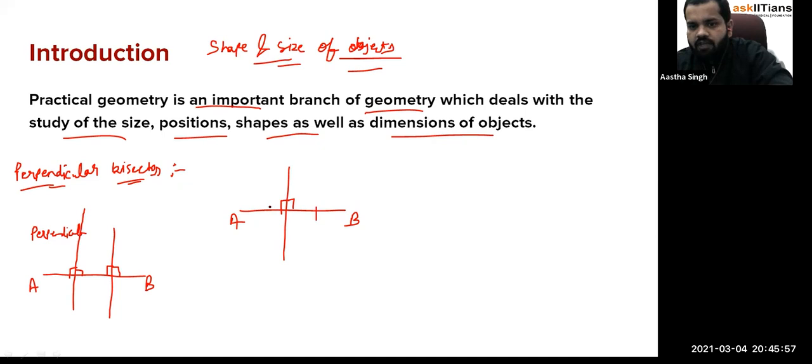Bisector means this will divide AB at, let's say, the point M. It means that your AM will be equal to your MB.